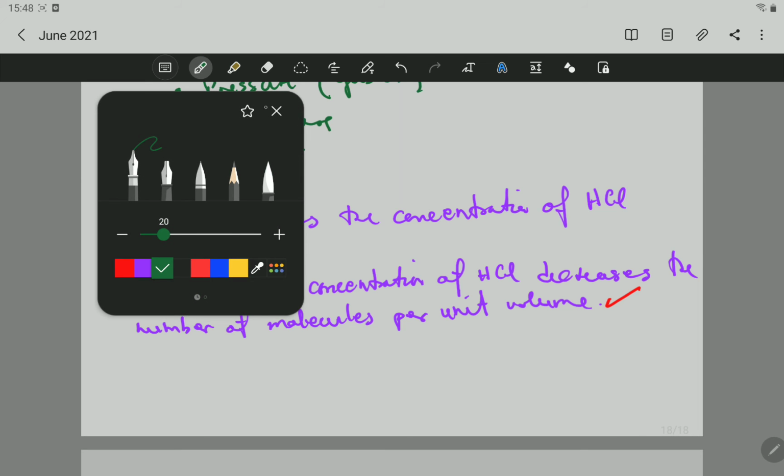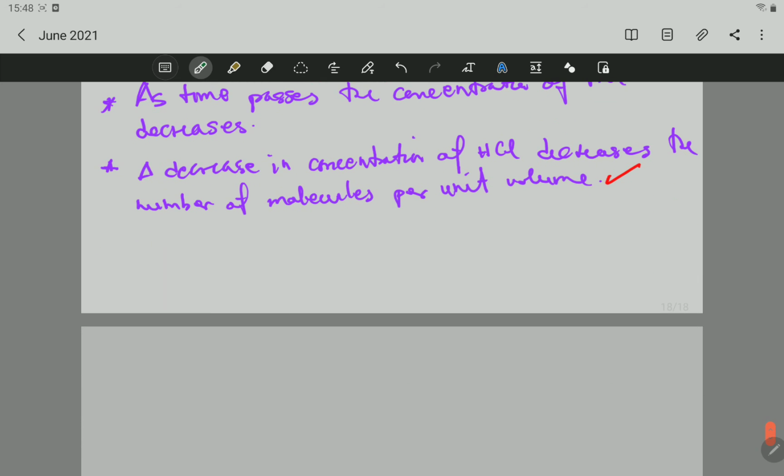What will happen when there are fewer molecules per unit volume? A decrease in the number of molecules decreases the number of collisions.